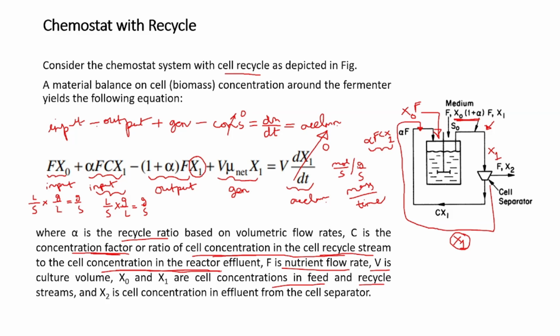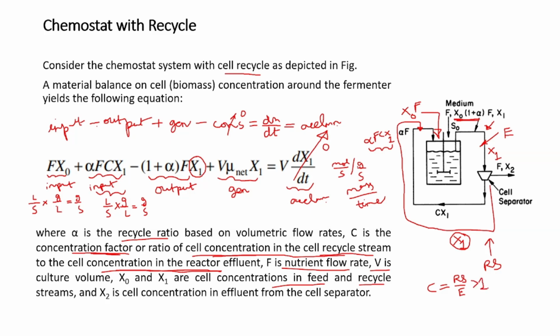So c is the ratio of the recycle stream to the effluent stream. For performing recycling, c has to be greater than 1. Otherwise, you cannot recycle the stream back into the chemostat.